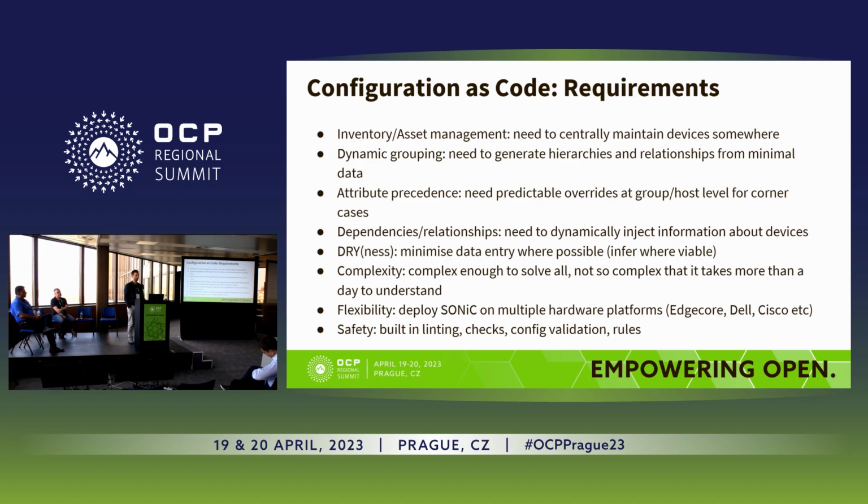The three key points that I'd like to profess a strong desire to reach are that we wanted dryness, as in don't repeat yourself, so that we minimize repetition, complexity for edge use cases where necessary, and simplicity where it's viable.